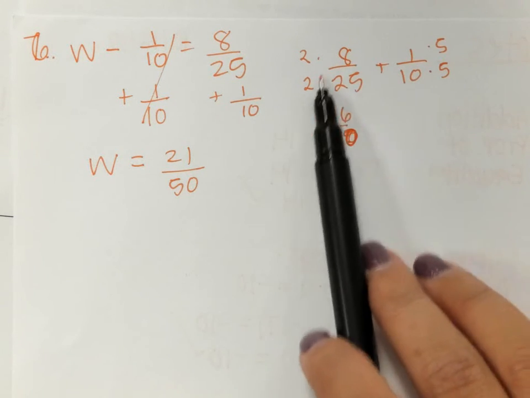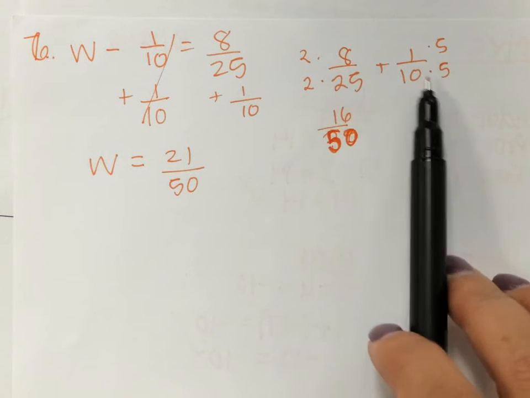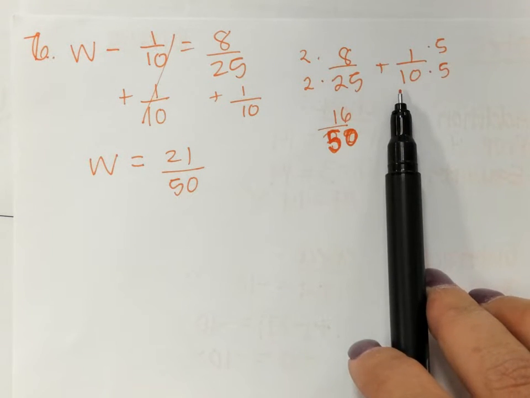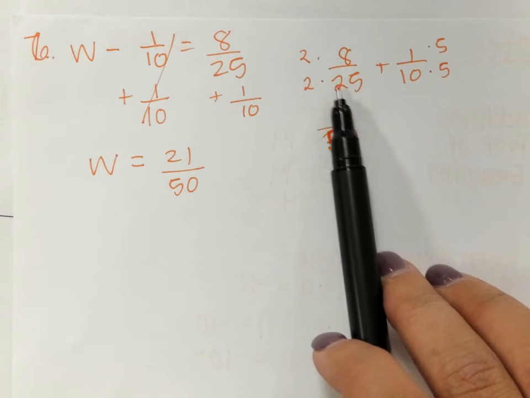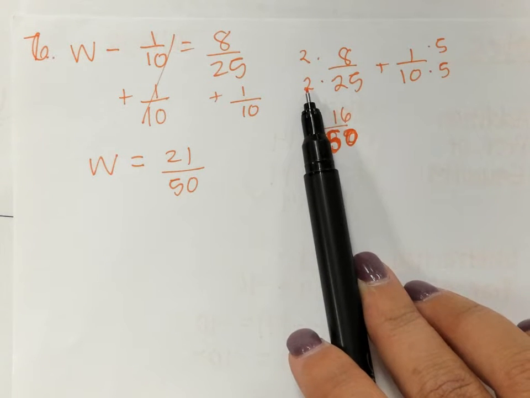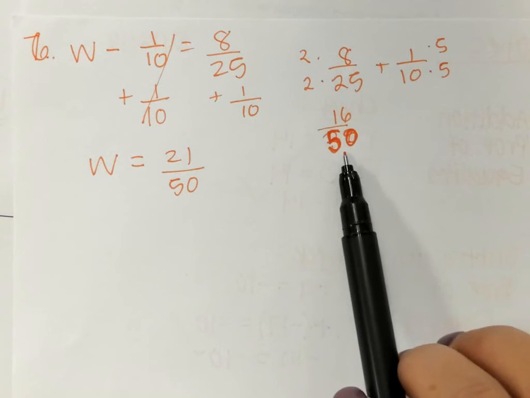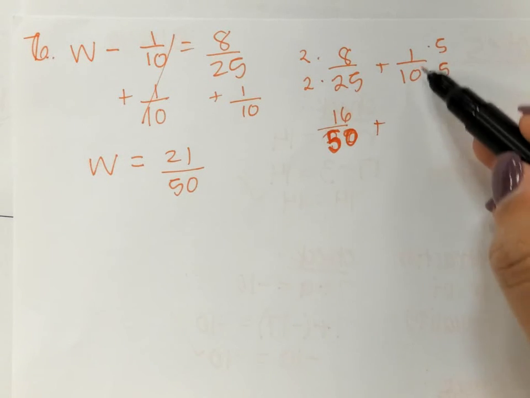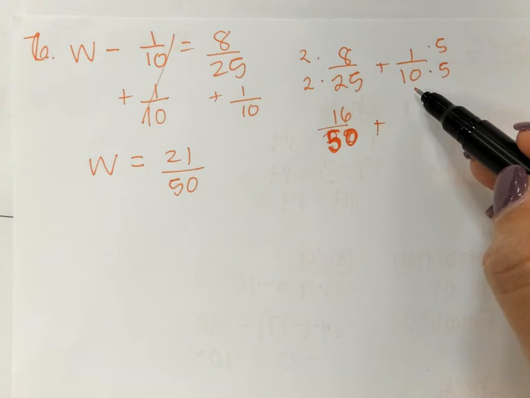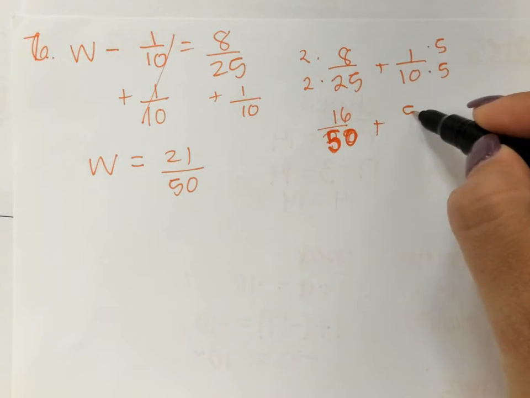So I'm going to see what I can do to this to make it 50 and what I can do to this one to make it 50. So I know I can multiply 25 times 2. Whatever I do to the bottom, I have to do to the top. And I got 16/50. And then I have to multiply 1/10 by 5 to get 50. So that means I have 5 over 50.